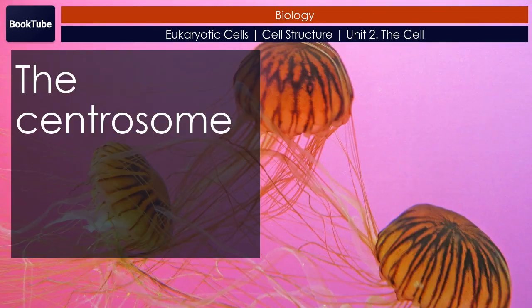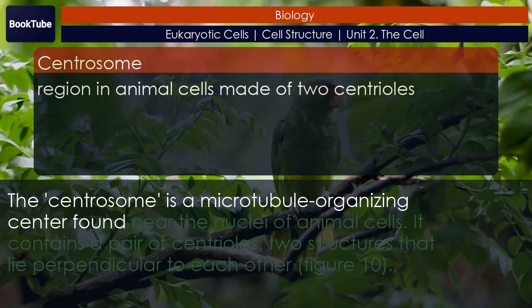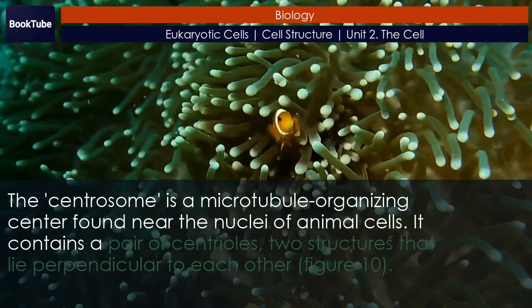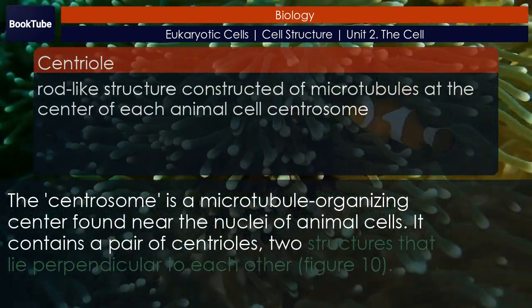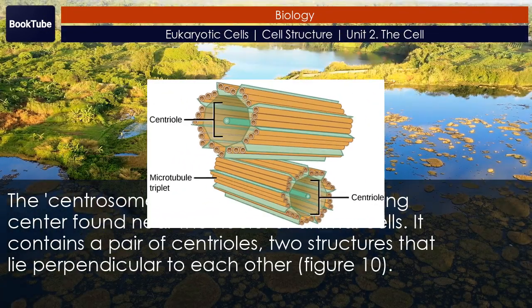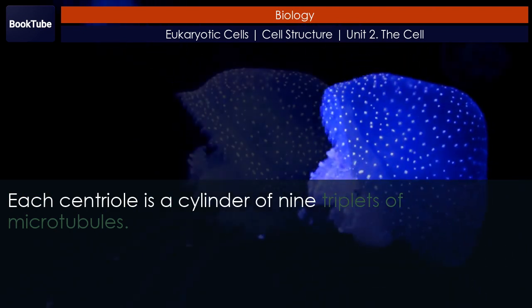The centrosome. The centrosome is a microtubule organizing center found near the nuclei of animal cells. It contains a pair of centrioles, two structures that lie perpendicular to each other. Figure 10. Each centriole is a cylinder of 9 triplets of microtubules.